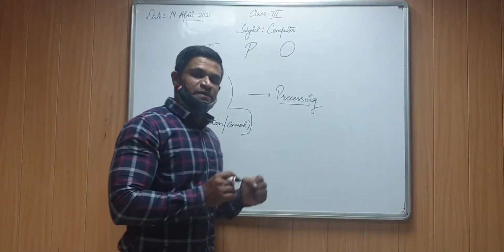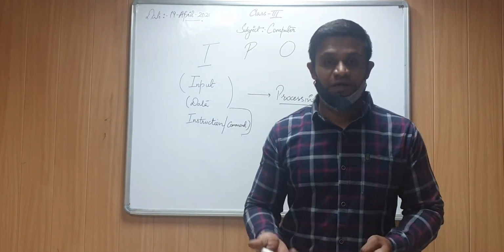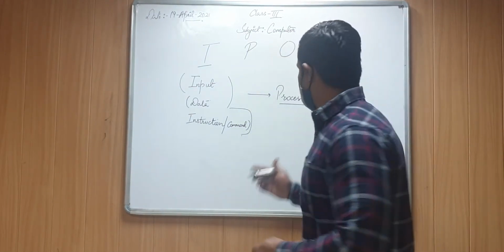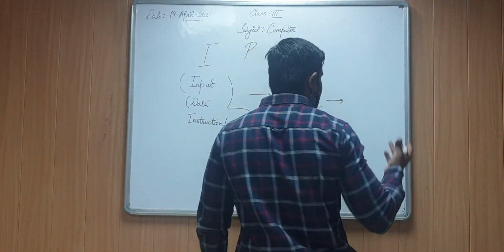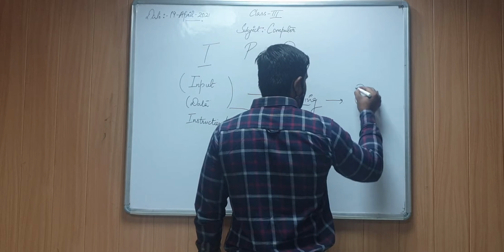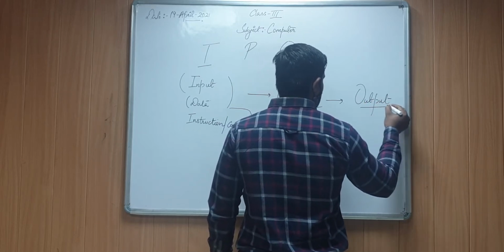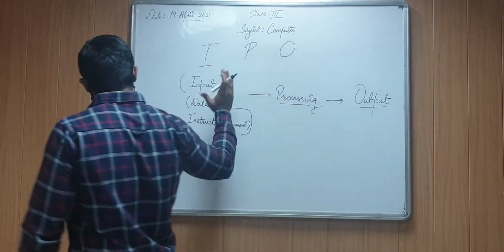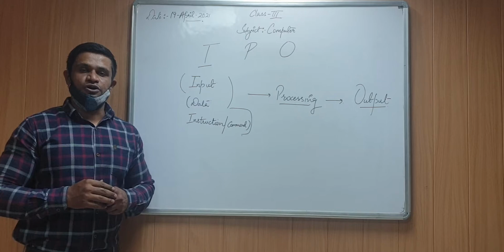And once it has been processed, it will generate some result, some answer, and that answer is displayed or shown on the output device. After processing it gives you an output. So this is the step-by-step process by which the computer works.